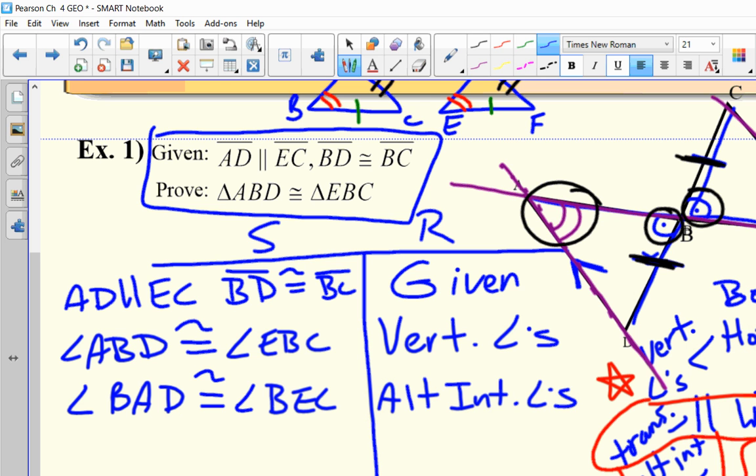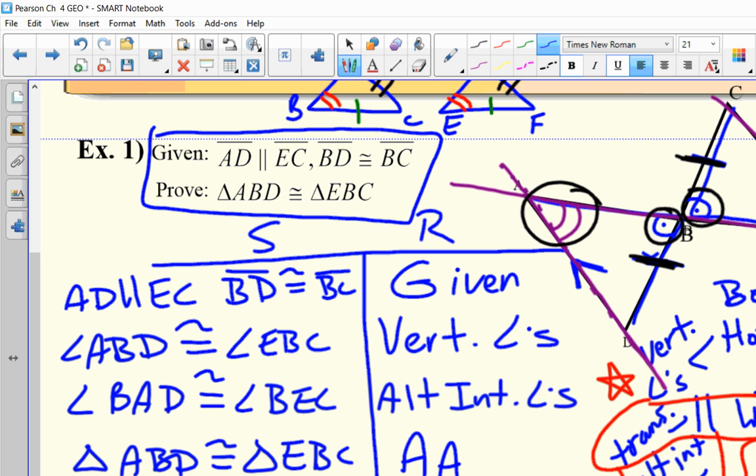Okay, we used that last section, using it again. So now I can prove that triangle ABD is congruent to triangle EBC. And the sides that were congruent were not included between the 2 angles. So that means it's AAS.